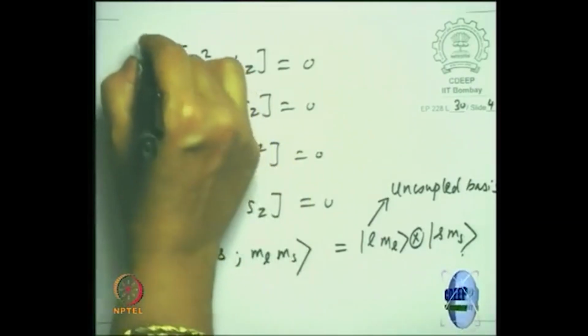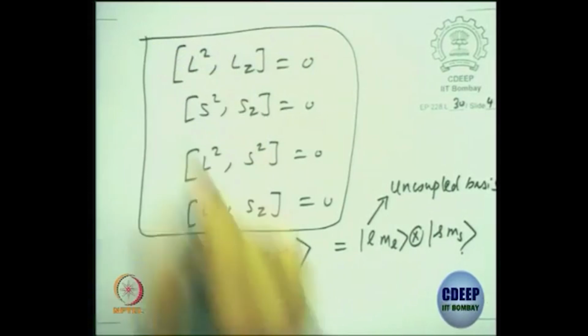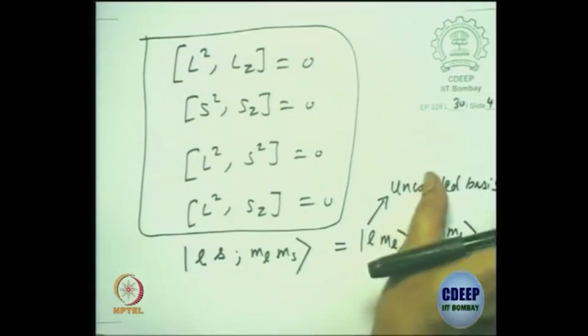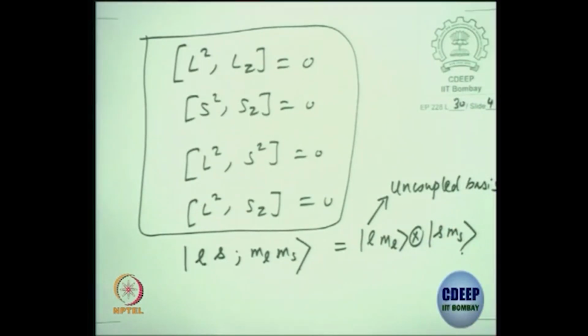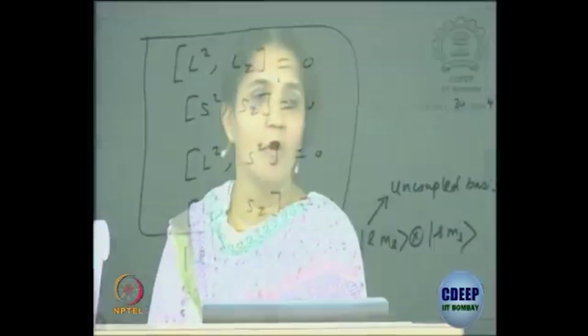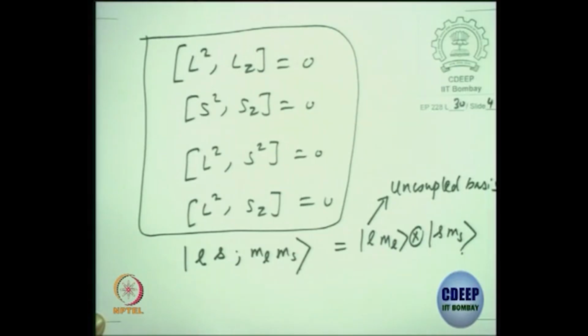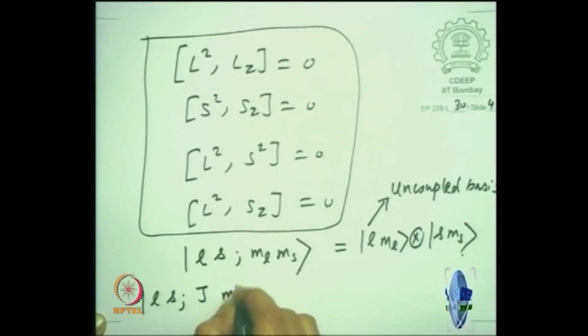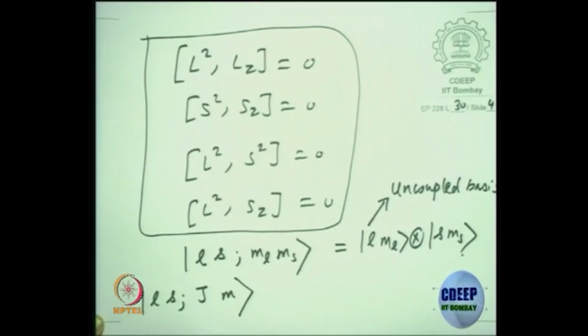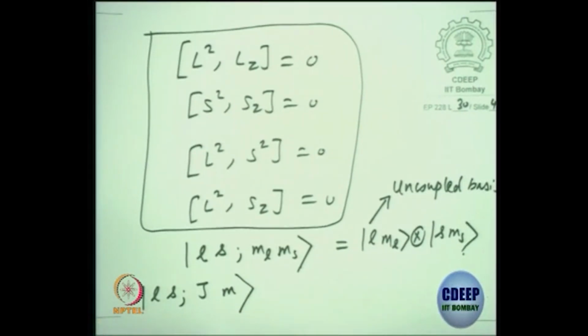This is also one compatible set, and the basis is called uncoupled basis. The reason is that it keeps tag separately of the orbital and its magnetic quantum number, and spin and its magnetic quantum number. The other basis which I wrote is also another equivalent compatible set, but that one keeps track of the total J and the total magnetic quantum number, which is combined.